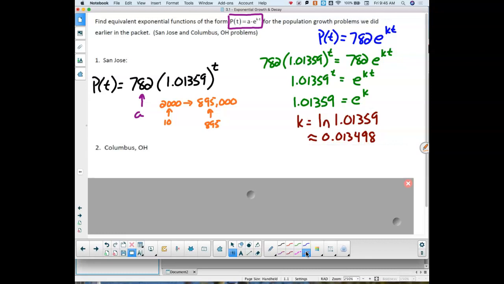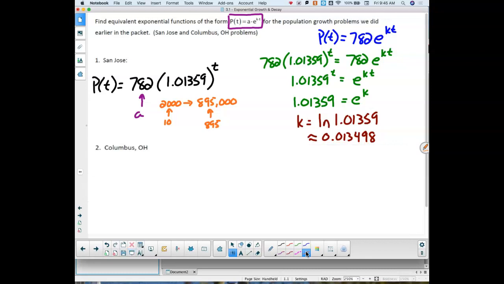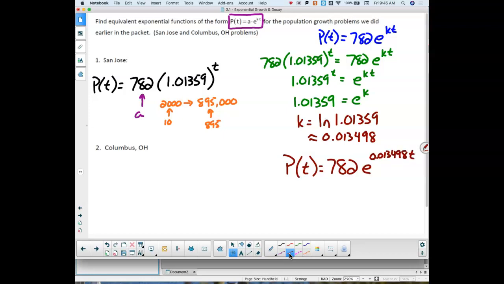So if I plug in here, in my P of t function, 782 times e to the 0.013498 t power, if I plug in 10 for t in that function, I should get out 895, correct?